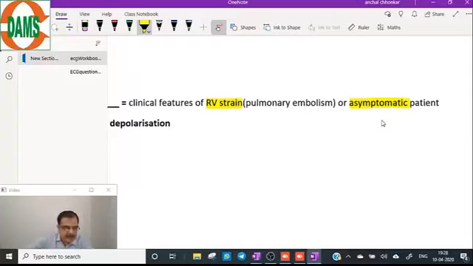It can be some congenital anomaly also which is present since birth but without causing any problem to the patient. So right ventricle strain because of pulmonary embolism, very important history will be given to you.